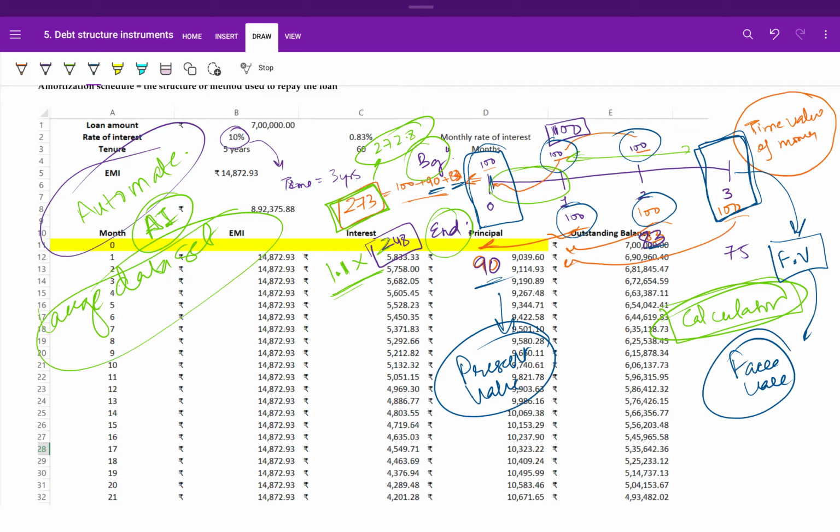And if you were to discount it here, there's a difference. If you see the difference between these 248 and this, it's 1.1, and if you compound 248 by 1.1, it will give you roughly 273.